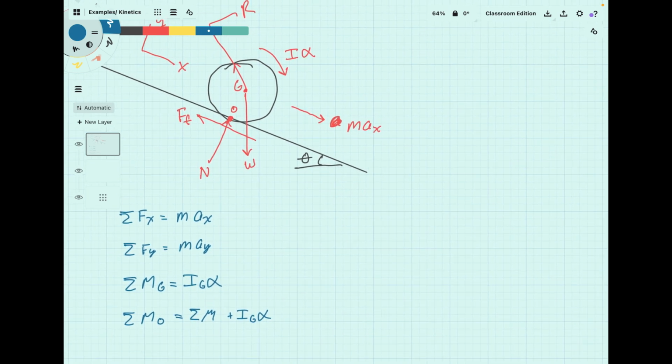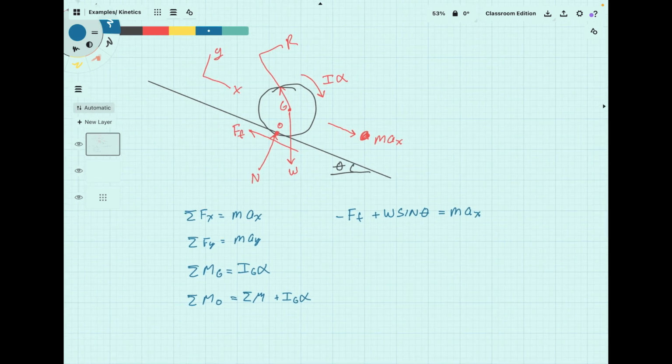So forces in X, we're going to have that force of friction and a component of weight, that would be W sine theta, is equal to MAX. And Y, which, by the way, the only equation that I need out of this is the summation of moments, but I'm just writing them all out for completeness, I guess.